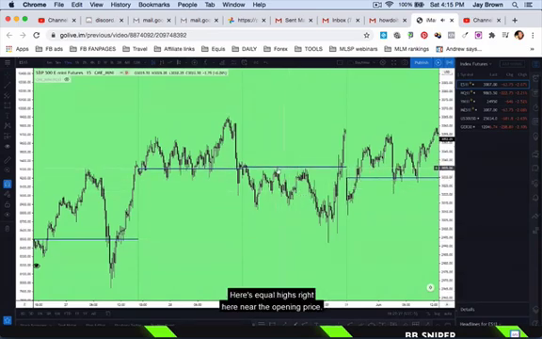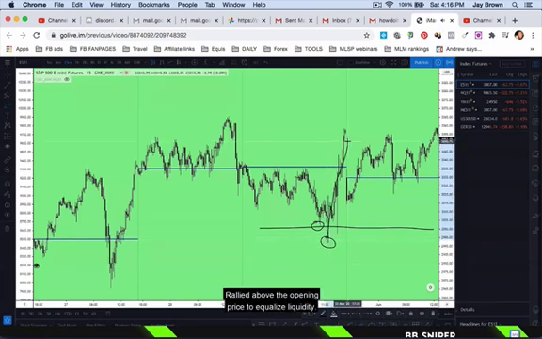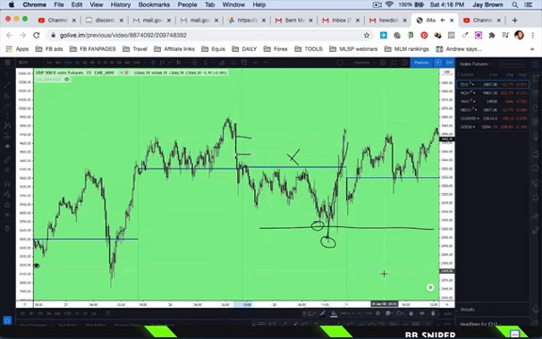Here's equal highs right here near the opening price. Price came down for whatever reason. I don't know. I'm not going to go through all of it. This is just kind of like speed walking you through this. Here's 3K. So that could be a retest of 3,000. We bounced it here, and then we took stop losses there, rallied above the opening price to equal highs liquidity, into also this imbalance up here for some rebalancing.